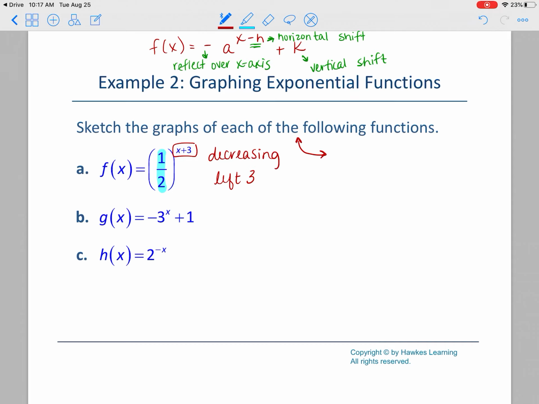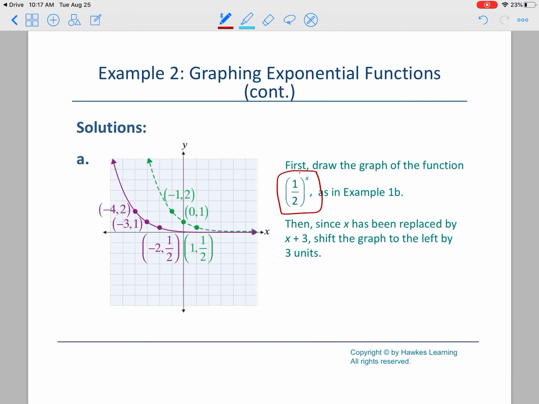That hasn't changed, but all my points are going to move 3 units to the left. So if I take this point, -1, 2, I'm going to move it 1, 2, 3. If I take this point 0, 1, I'm going to move it 3 to the left, 1, 2, 3. And then this last point of 1, 1/2, I'm going to move it 1, 2, 3. So everything moved 3 to the left, giving me my new function.